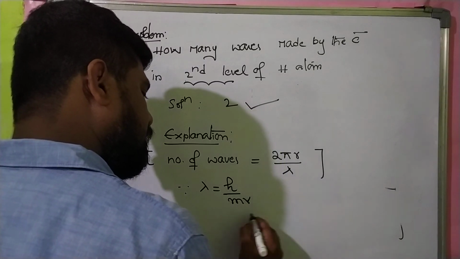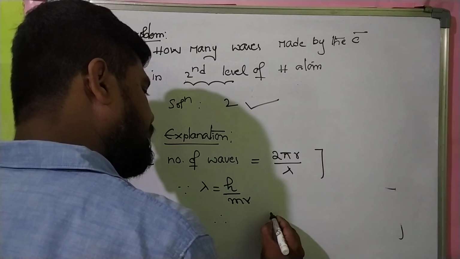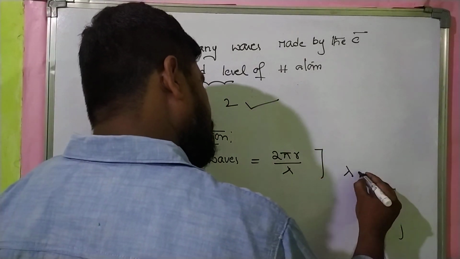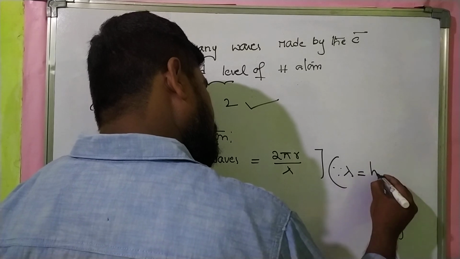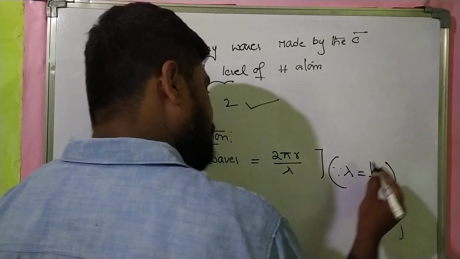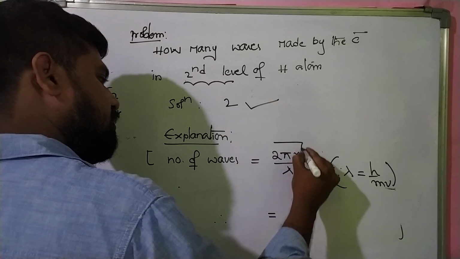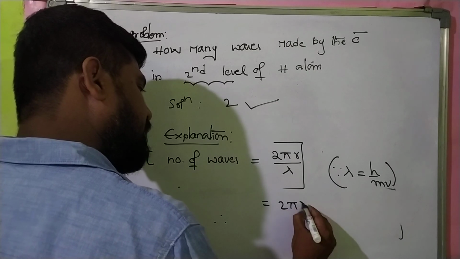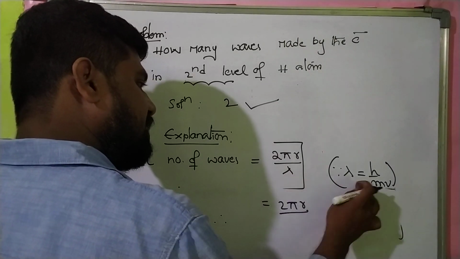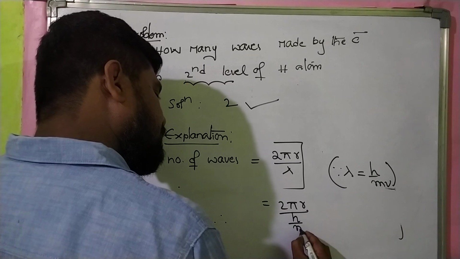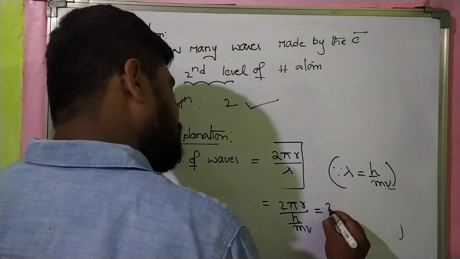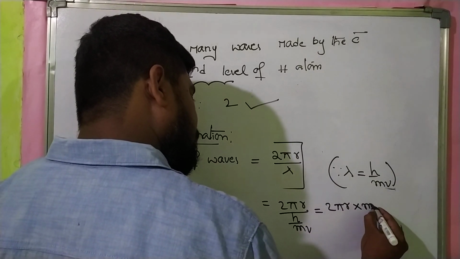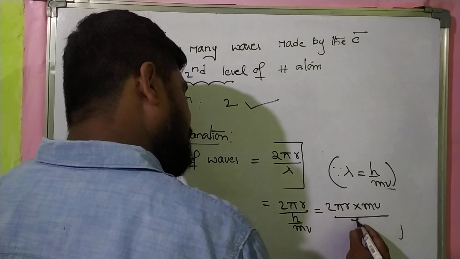So 2 pi r by lambda equals 2 pi r, and the denominator becomes the numerator, mv by h.